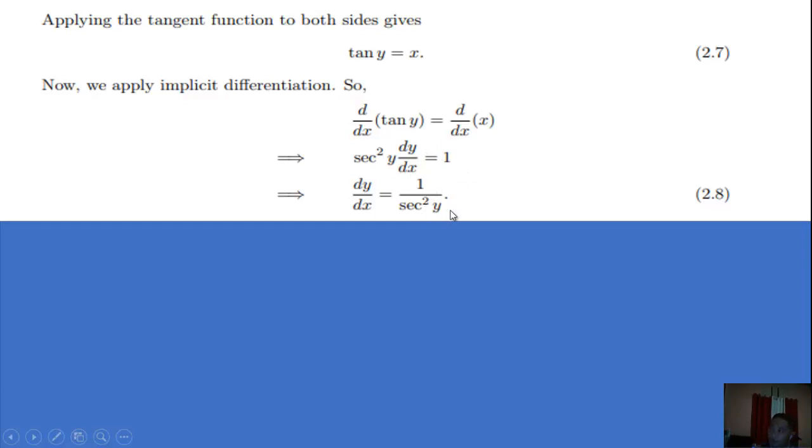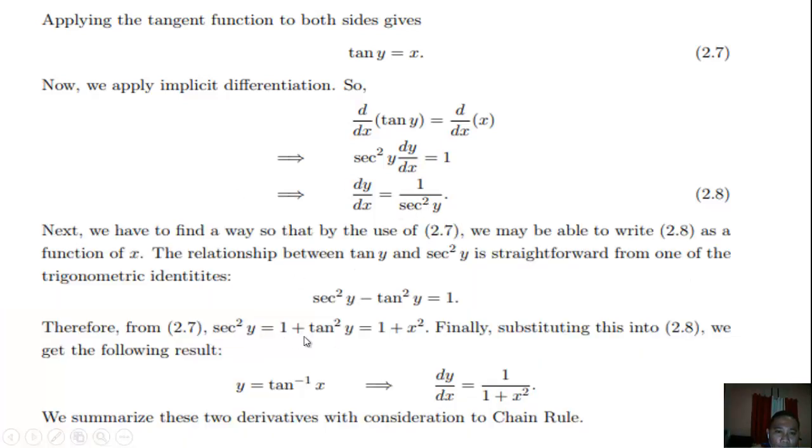Remember also that we have the trigonometric identity, or the Pythagorean identity, that tangent squared x plus 1 is equal to secant squared x, or secant squared x equals 1 plus tangent squared x. So meaning itong secant squared y ay pwede nating palitan ng 1 plus tangent squared y.